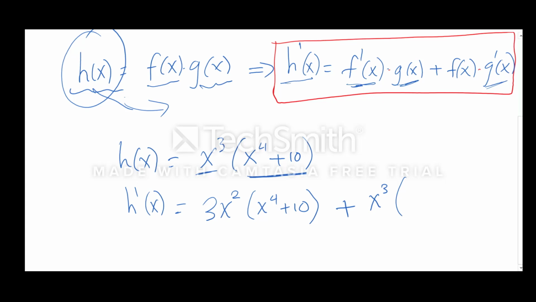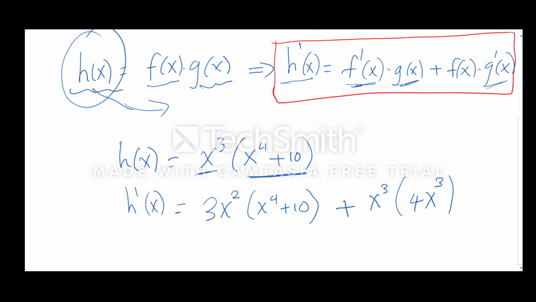The derivative of x to the power of 4 plus 10 is, bring the power down, 4x, reduce the power by 1, it becomes 3, because 4 minus 1 is 3. The derivative of a constant is just 0. So that is what you have.